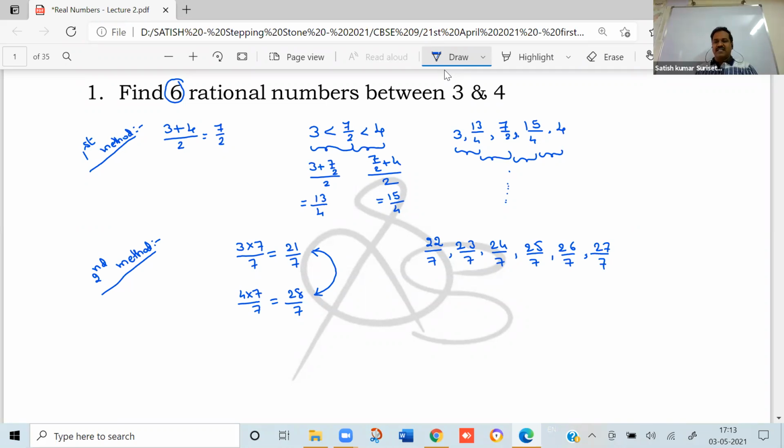So how many are there? 6. Now, in the methods we have calculated, sometimes the numbers may coincide exactly, sometimes they may not, but still you will have several rational numbers. That's why the methods are different and the numbers between them also may not be the same.